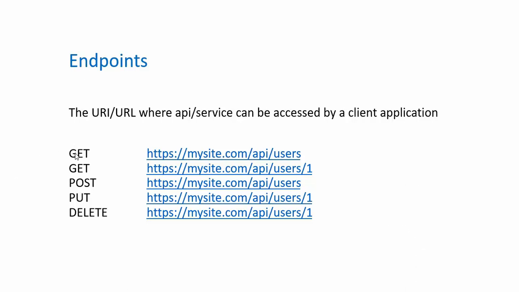We have GET, and then the URL or URI where the API or service can be accessed. We can always choose a different directory instead of using API. We always have the option to use different directories, for example API access. It depends on your preference.